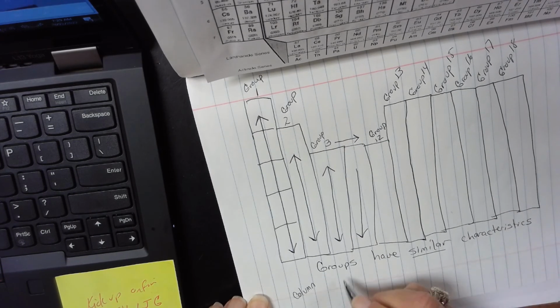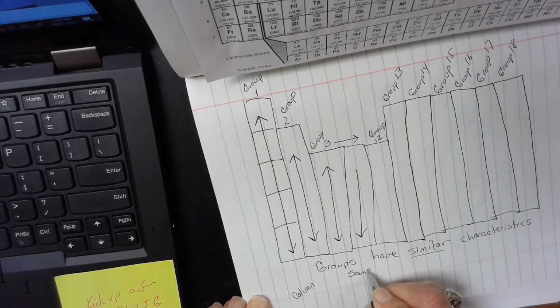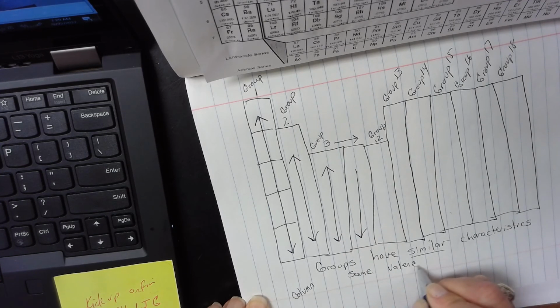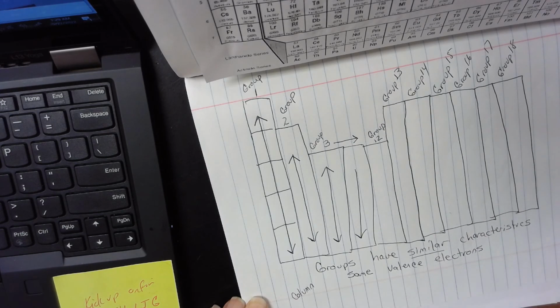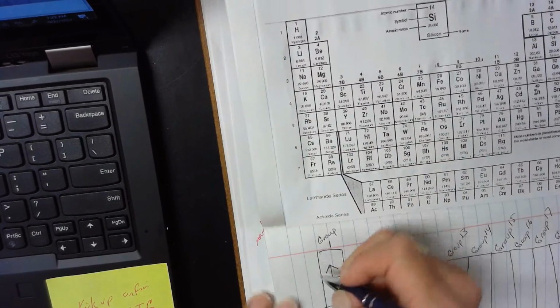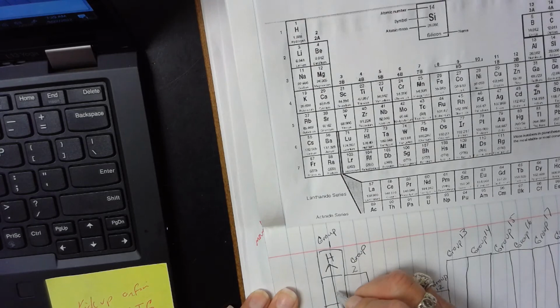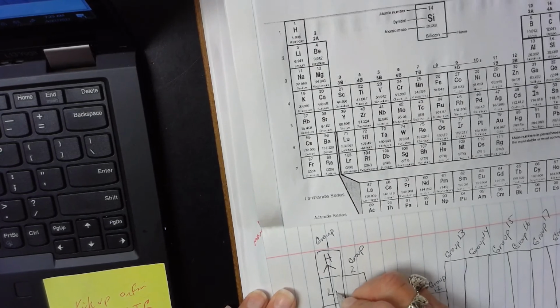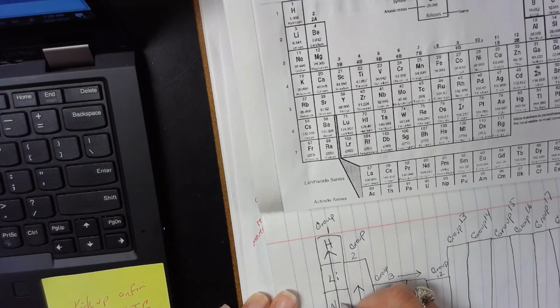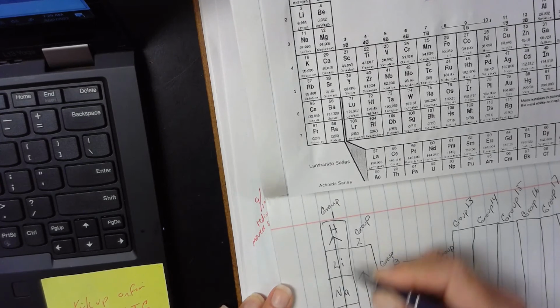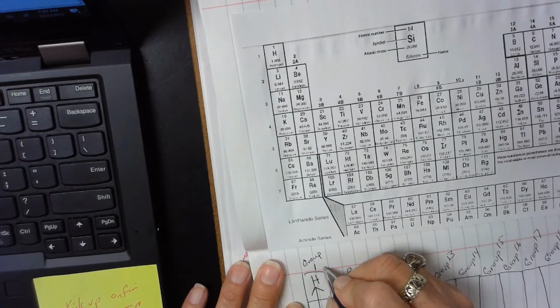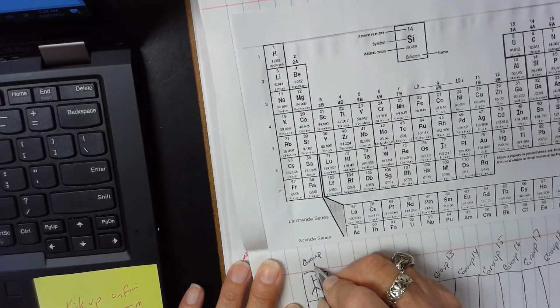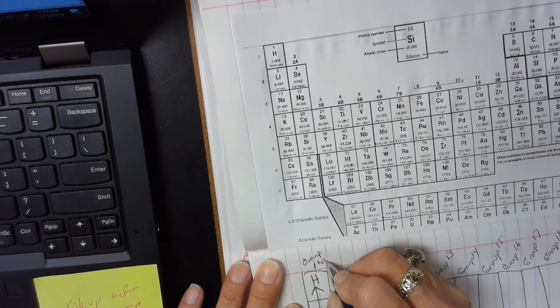And what that means is they're going to have the same valence electrons. So if you look at group 1, hydrogen, lithium, sodium, potassium, everybody in this group is going to have one valence electron.